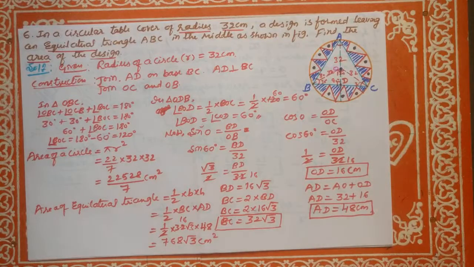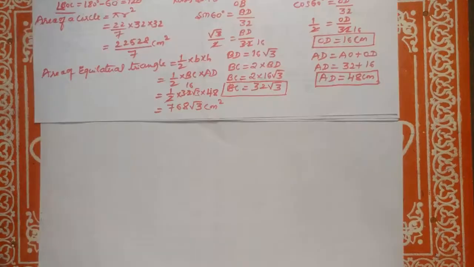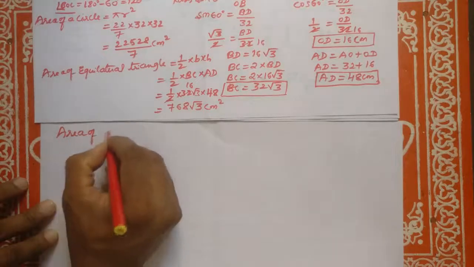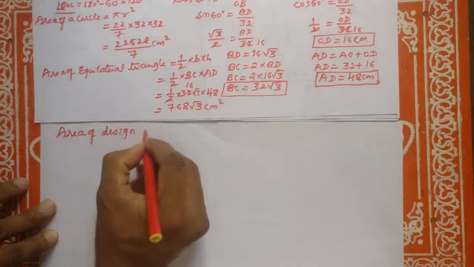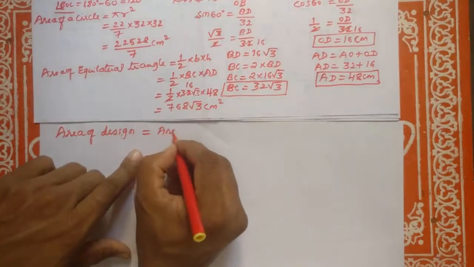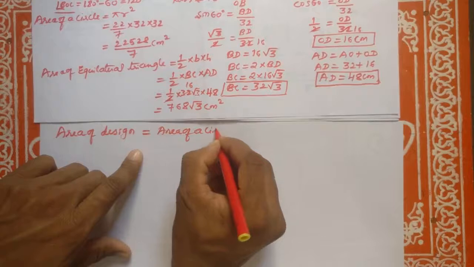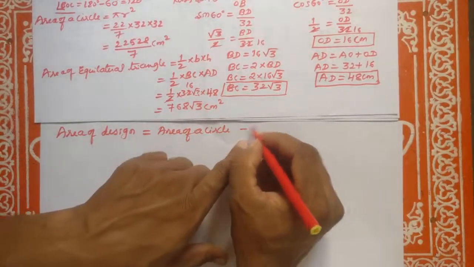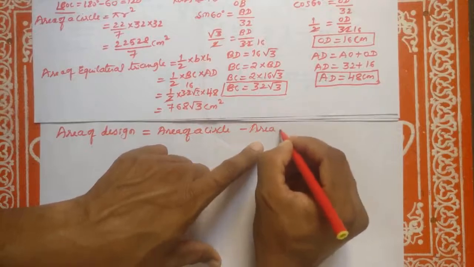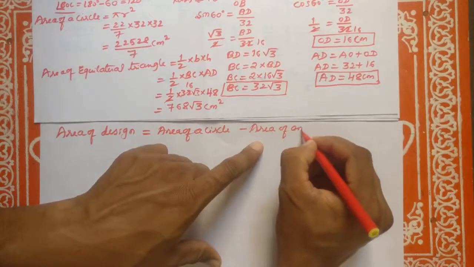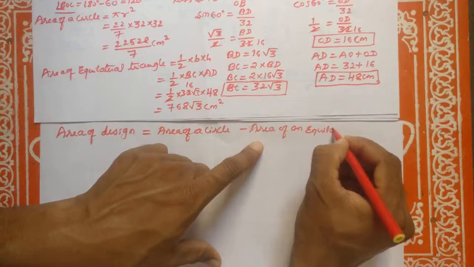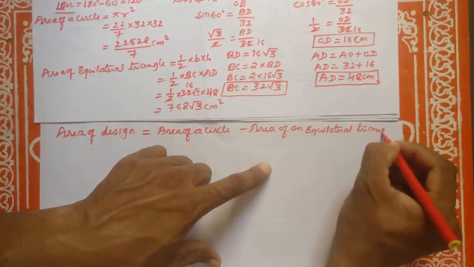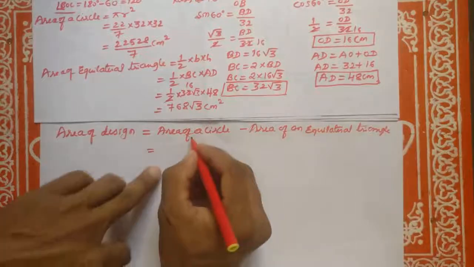Now, area of the design is equal to area of a circle minus area of an equilateral triangle, which is equal to the area of a circle formula.